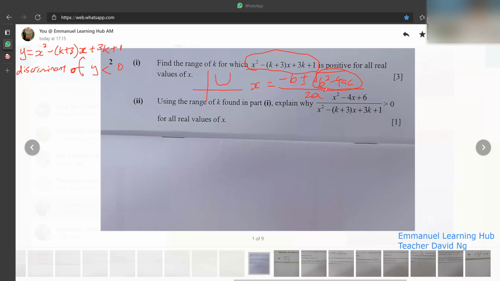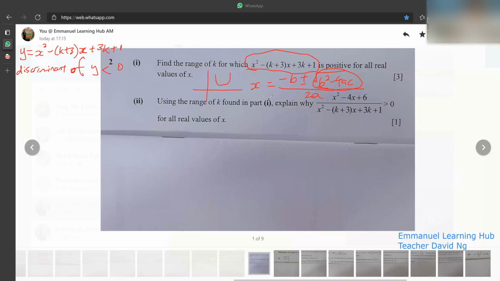So the numerator is undefined, and if the numerator is undefined, the root will be undefined. In this case, the root is undefined because it doesn't cut the x-axis. Do you understand the concept? It all falls back to this equation to find x.